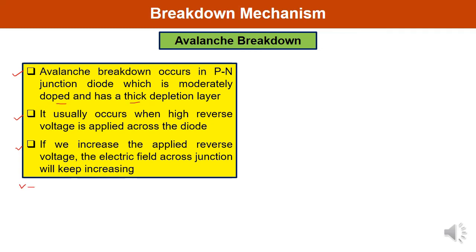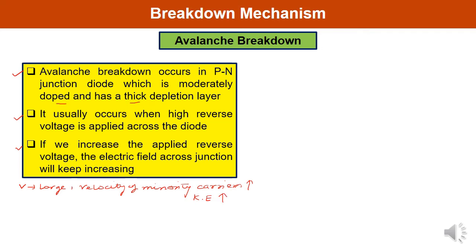If V is large, then the velocity of minority carriers will be increased. Therefore, the kinetic energy associated with them will also increase.